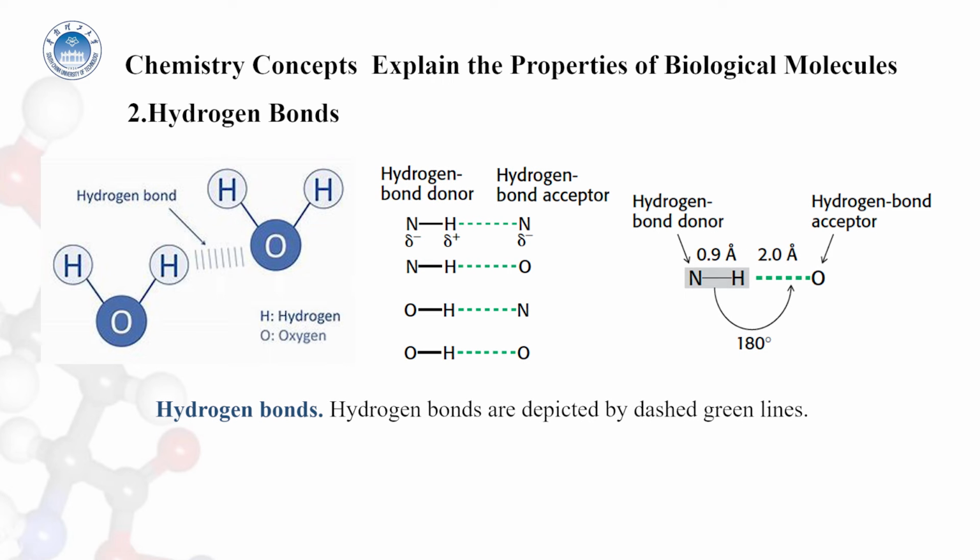The electronegative atom to which the hydrogen atom is covalently bonded pulls electron density away from the hydrogen atom, which thus develops a partial positive charge.